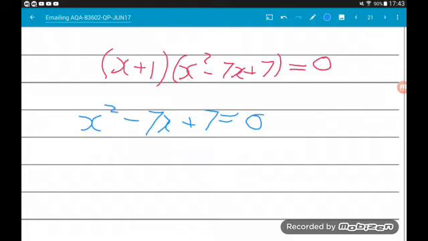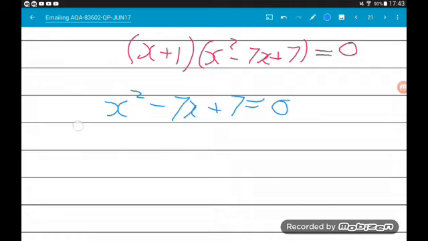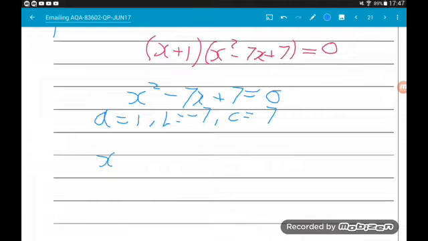So, it's quadratic formula time. Yay. So, A is 1, B is minus 7, C is positive 7. The quadratic formula is given to you at the start.